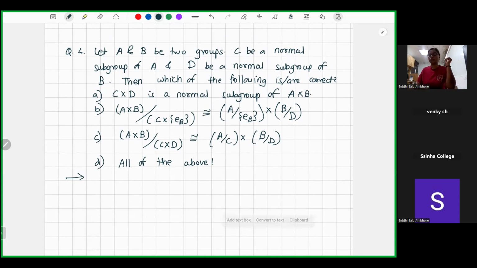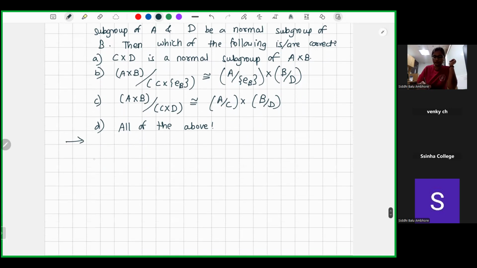The first one: do you think that C cross D is a normal subgroup of A cross B? Any cases here?